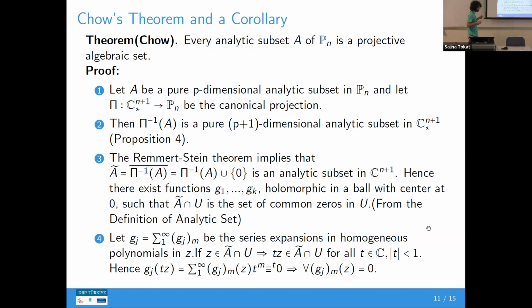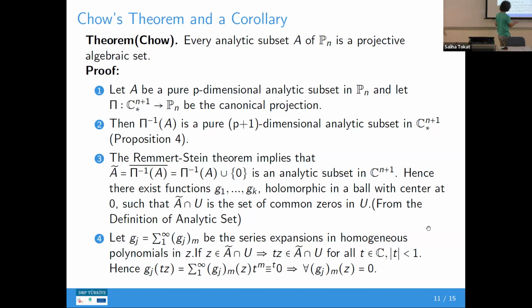Because we are considering the pre-image and they are in the same equivalence class. They are on the same line. We also consider as an extra condition that the absolute value of t is less than 1. Why are we adding this?